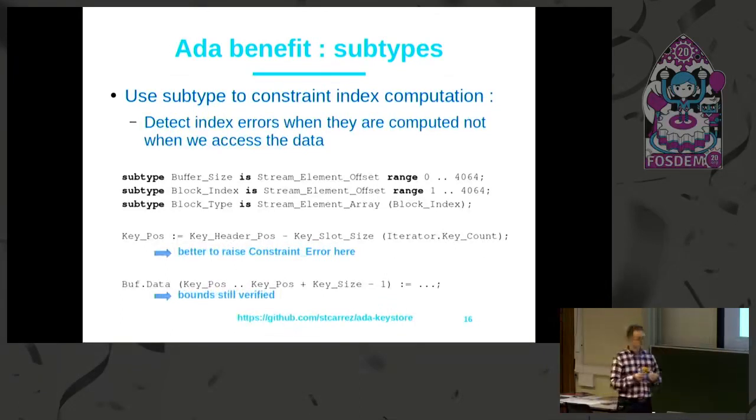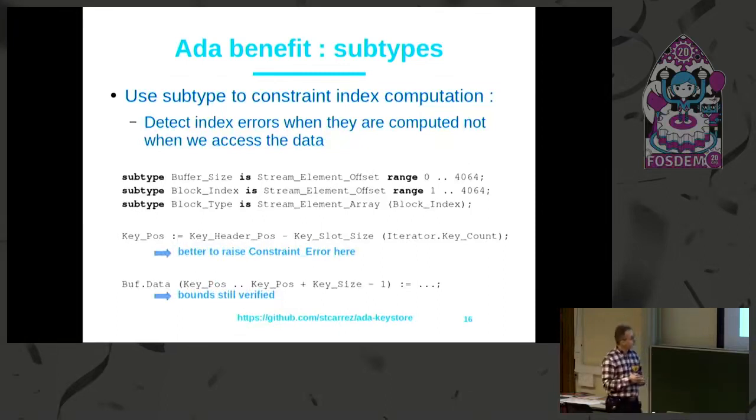But in my case, the key position is computed somewhere, maybe in another task. And when the exception is raised at the place where you use it, you don't know why the calculation that you have done is wrong.